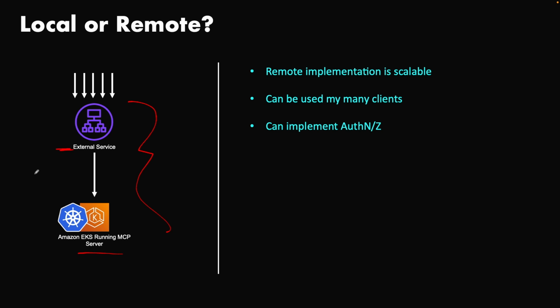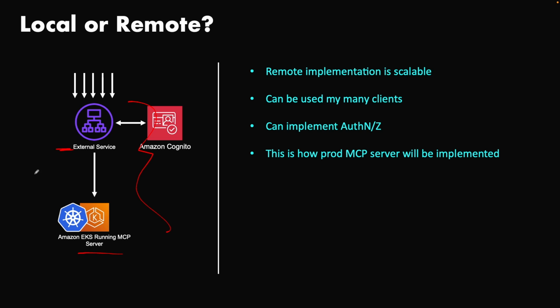You can implement authentication and authorization, right? Because remember, this is just a load balancer, and with a load balancer, you can integrate Cognito. And then when we invoke this URL, we need to pass those bearer tokens. This is how a prod MCP server will be implemented. I'm just showing you an example with Kubernetes, but you are all smart.